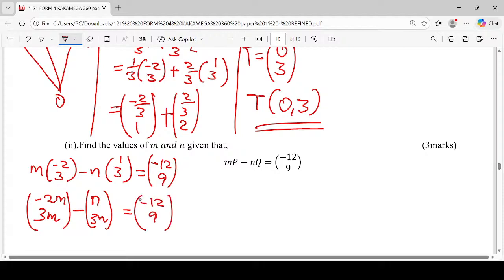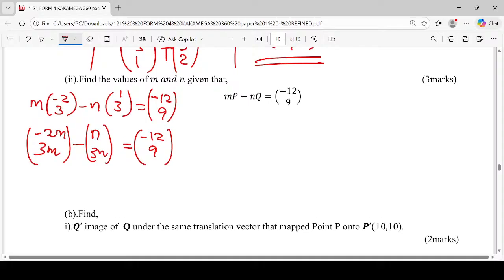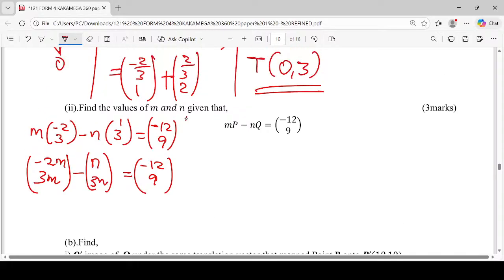So here we are going to get two equations. The first equation we are going to have is the upper one. That is negative 2m minus n.